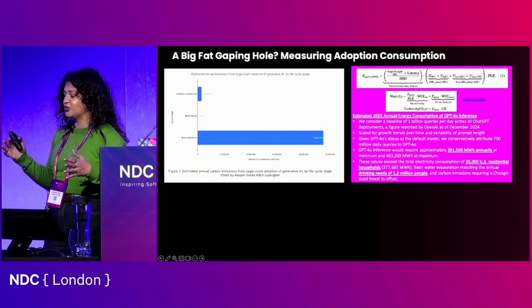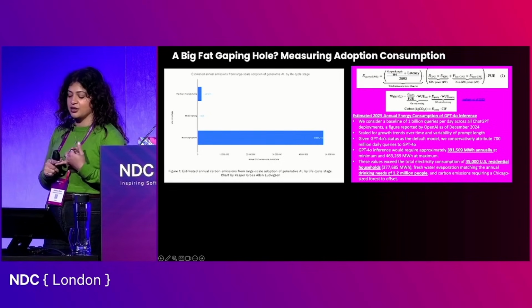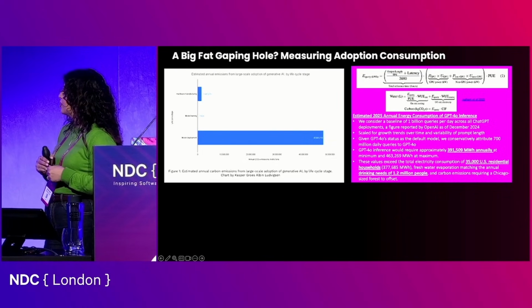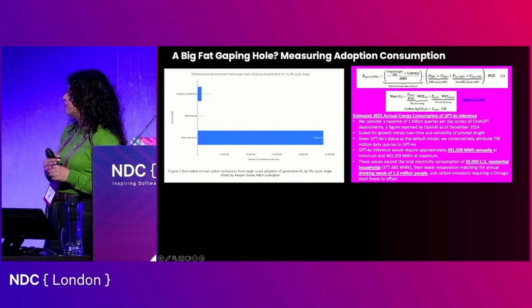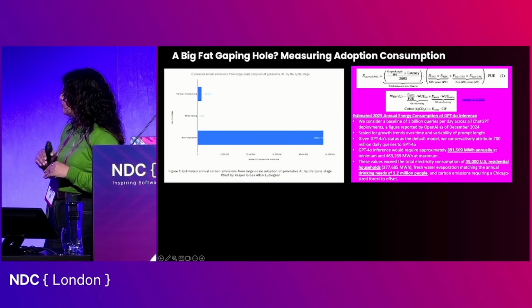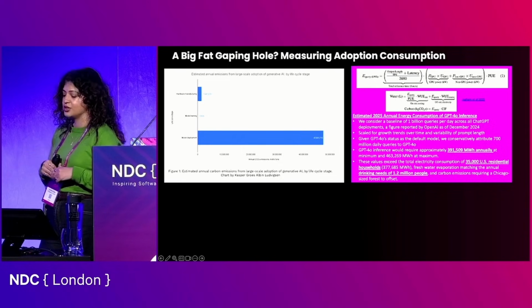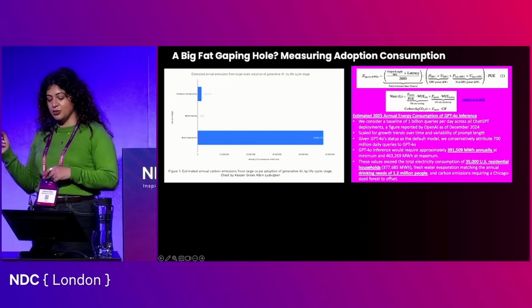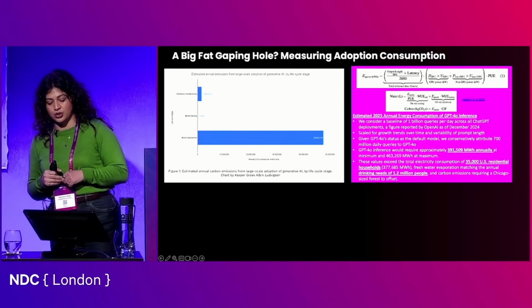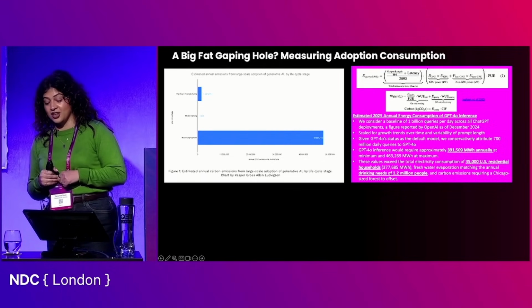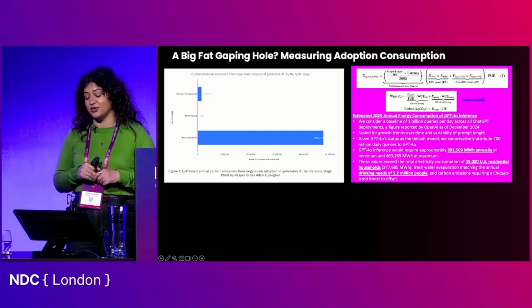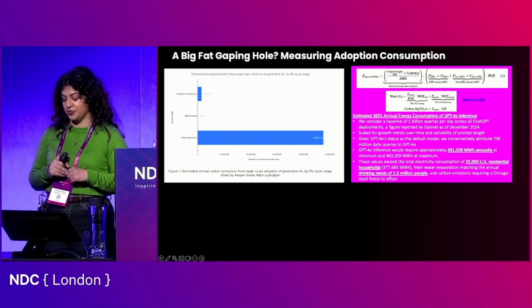They scaled for adoption rates, lengths of prompts, things like that, and came up with a figure of 391,509 at a minimum. That's equivalent to around the electricity consumption of 35,000 US households, or more starkly, the drinking needs of 1.2 million people.